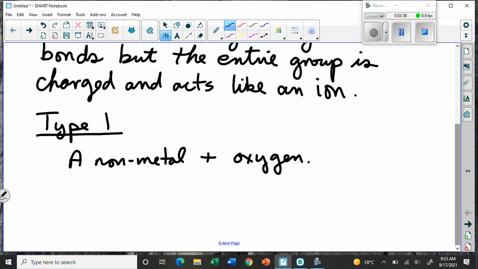I'll give you some examples. The problem with these is it's difficult to find a real pattern that we can use, and you have to kind of memorize a lot of these, or you use them so often they become common knowledge. They're not on the periodic table. I mean, the atoms are, but the groups of atoms are not. So you kind of have to just get used to them and get familiar with them, okay?